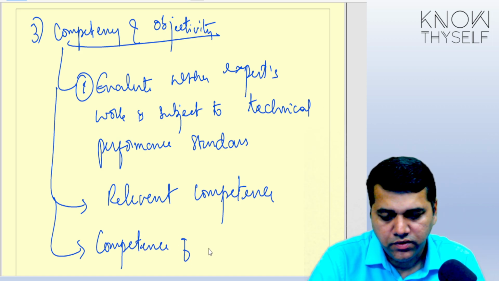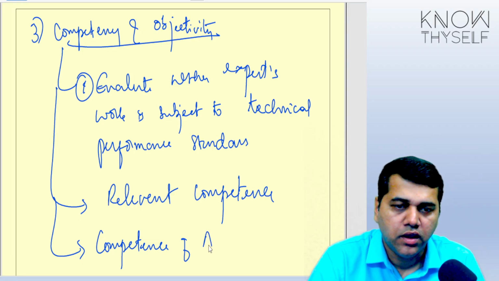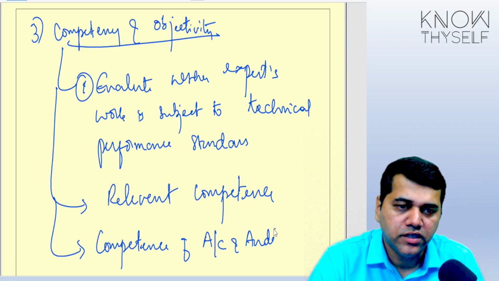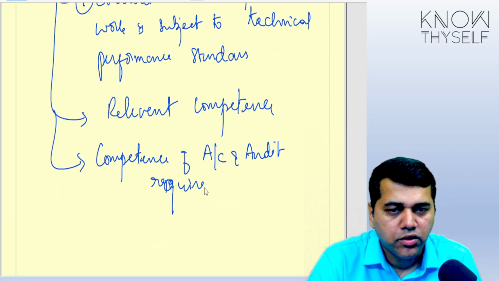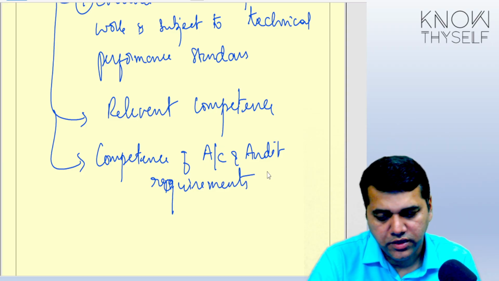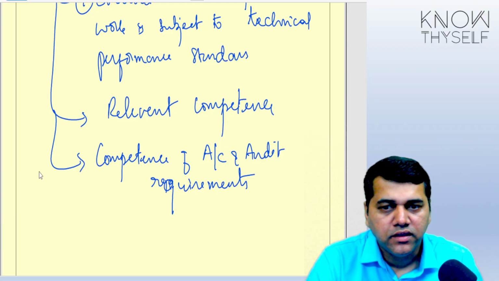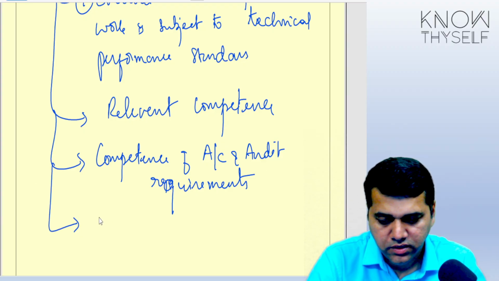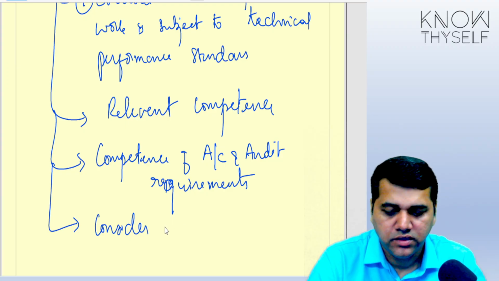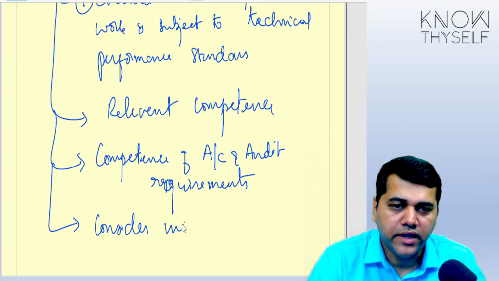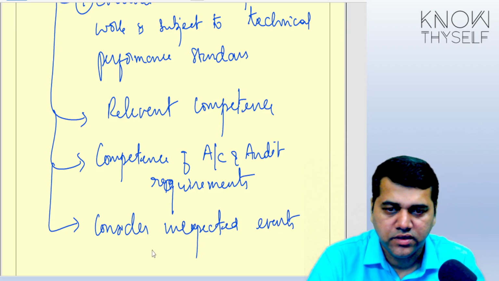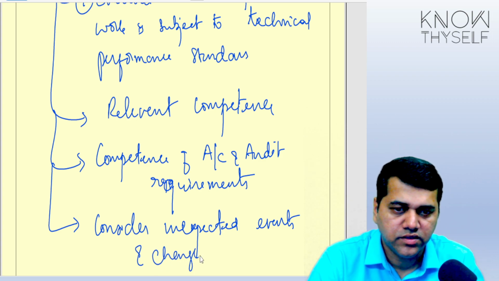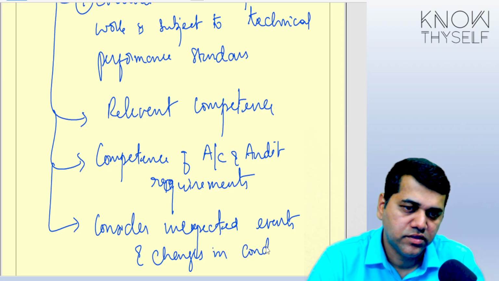Competence in accounting and audit requirements. That means their work should be connected to it, and they should have understanding. Then what you need to consider? Consider unexpected events and changes in conditions.